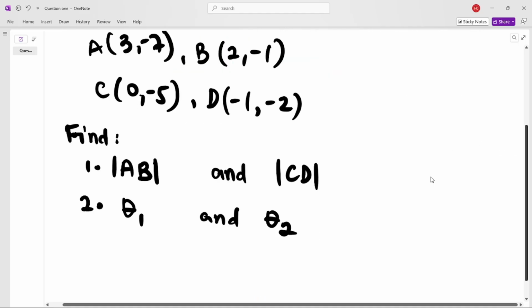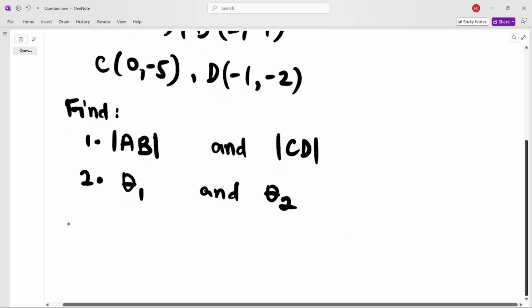Sir, so first I got line AB. Kennedy is saying that line AB is equal to 6.08.